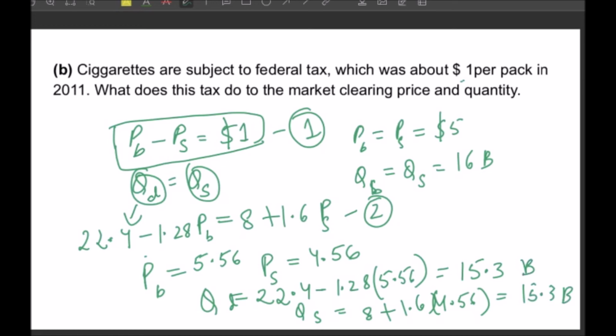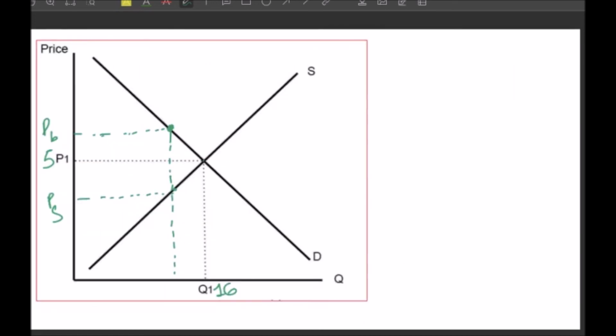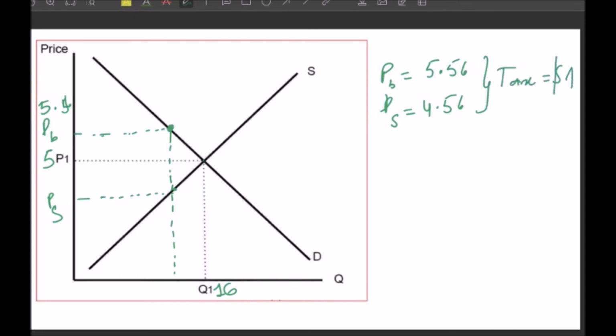Hence, after the imposition of tax, the price paid by buyers is 5.56 and the price received by sellers is 4.56. The difference between these two is paid as tax, which is equal to $1, and the quantity bought and sold also reduces to 15.3 billion packs.